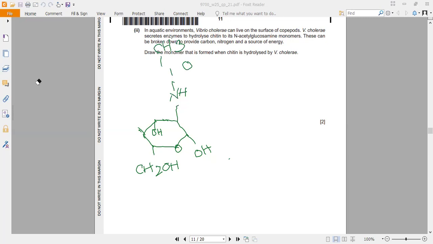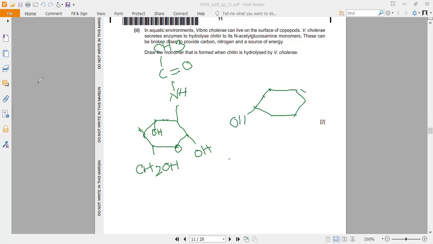We can draw both of these monomers in the same way. Instead of the glycosidic bond, there is an OH over here, because the glycosidic bond has been broken down by the addition of a water molecule. The other monomer which was shown in the picture was like this.